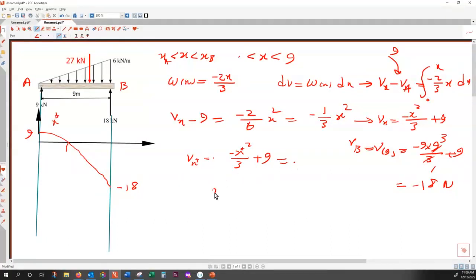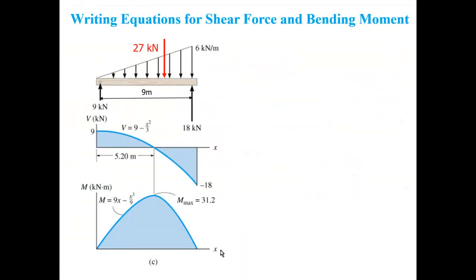That is x star squared is equal to 9 times 3. So x star is root of 27, which is 3 root 3. So that, if you find out, it's going to be 5.2.